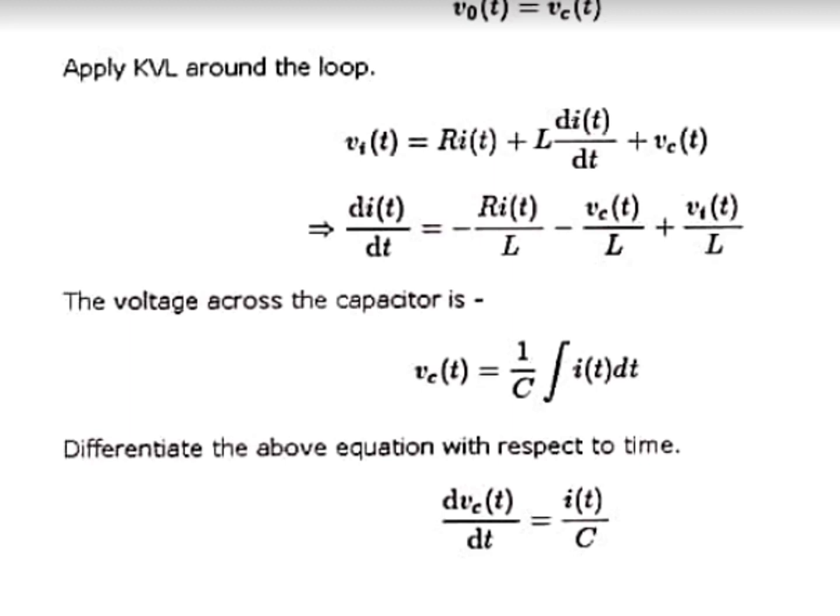From that, find di of t by dt. For finding di of t by dt, divide the entire equation by L to eliminate it, and move all the terms towards the input. So we get di of t by dt equal to this equation.